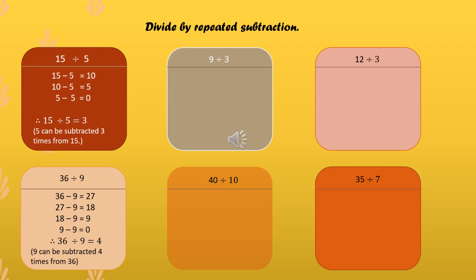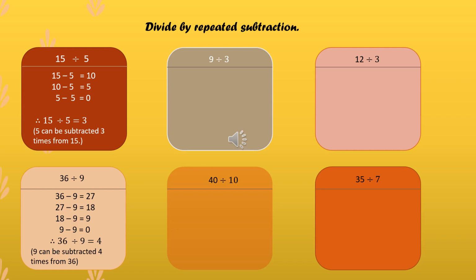Now from this 10, when we subtract 5 again, it gives us 5. Now if we subtract 5 from this 5, it gives us 0. So 5 can be subtracted 3 times from 15. Therefore, we can say 15 divided by 5 equals 3.